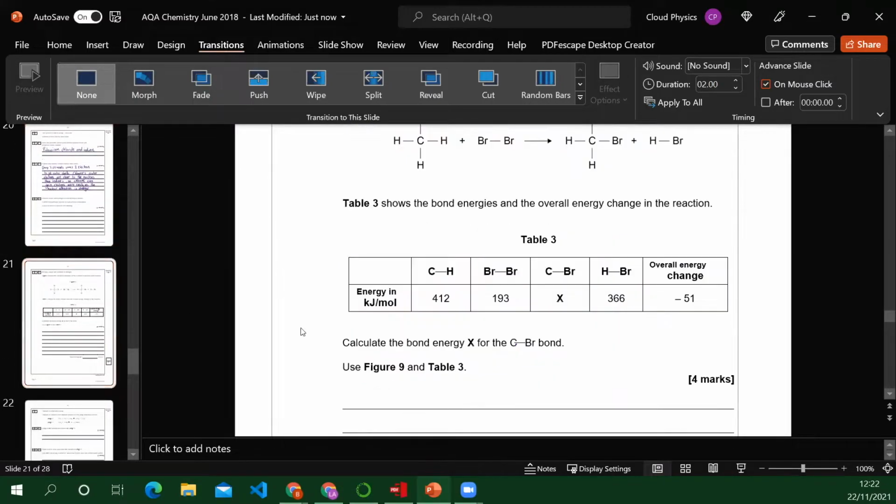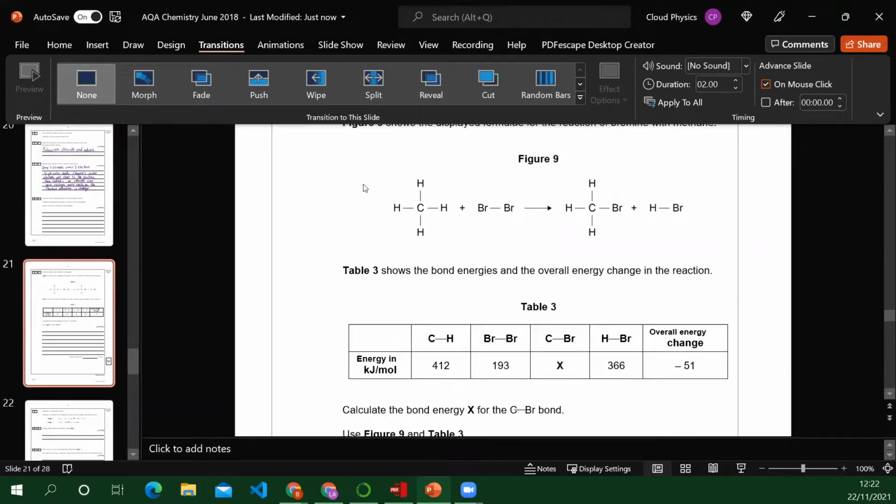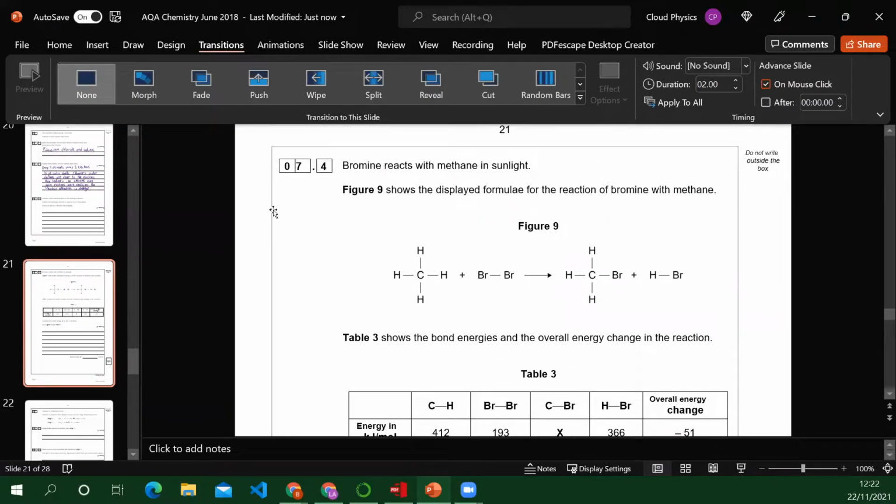Okay, good. Let's go up a little bit. So bromine, we've got another halogen there. Bromine reacts with methane in sunlight. Okay, that's an interesting reaction. Figure 9 shows the displayed formula for the reaction of bromine with methane.